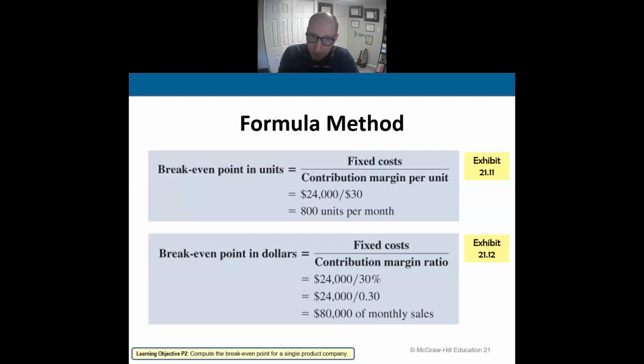Remember, contribution margin per unit is sales price per unit minus variable cost per unit. $100 sales price minus $70 variable cost per unit equals $30, which is the contribution margin per unit.